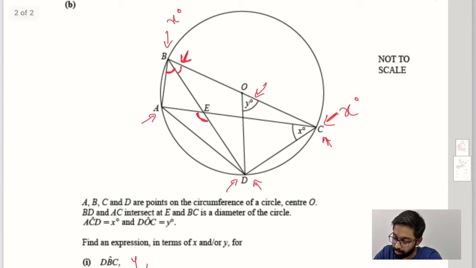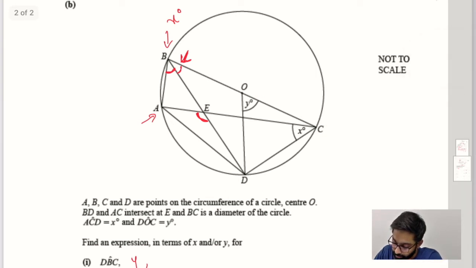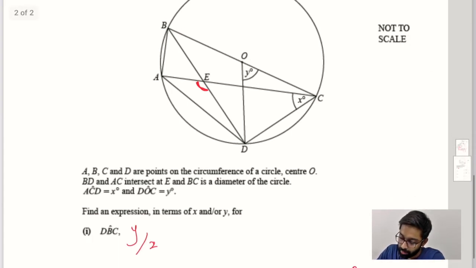How to find that? One second, let me remove all the other stuff so that it's visible and we can focus on just one part. Now, this angle is on a straight line BD, so if you subtract this angle from 180, you'd get AED. How to find BEA first? Angle ABD is already given to you. It is x degrees. Angle ABC right here, according to another circle property, is going to be 90 degrees.